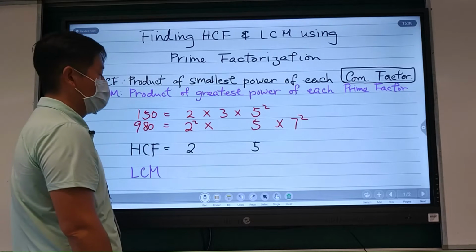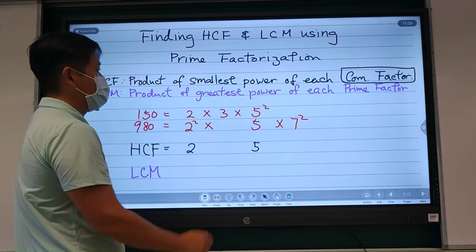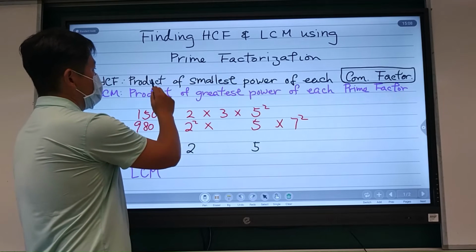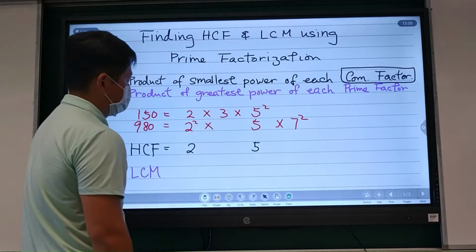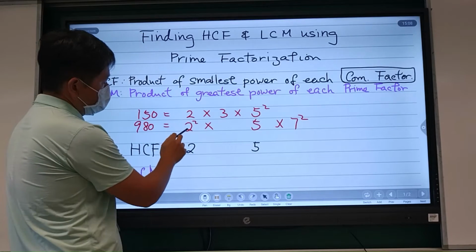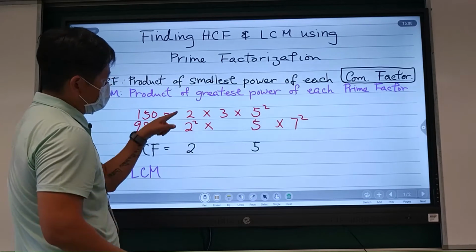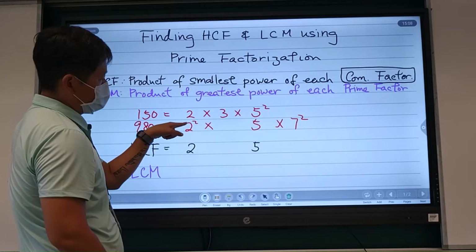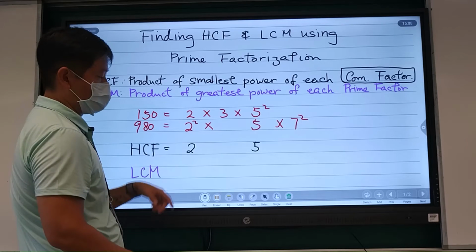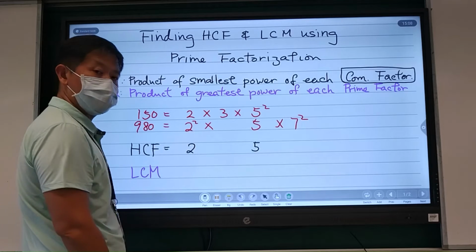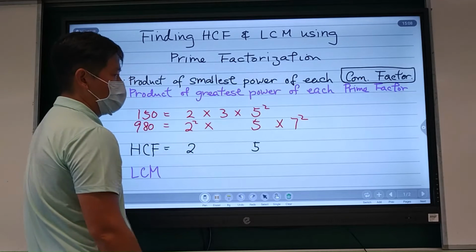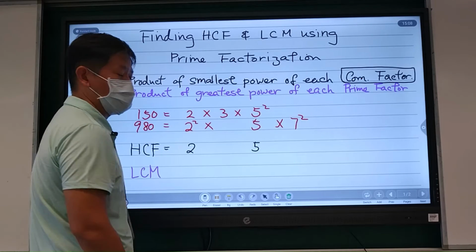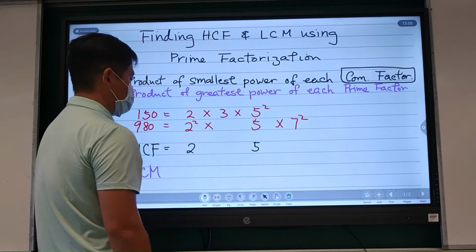Now, according to the description, I need the product of the smallest power of each common factor. So let's compare. For the 2, one has power 1 and the other has 2, so I pick the smallest power, which is 1, but I don't really need to write 1. Same thing with the 5: I pick the smaller power, which is also 1, so I don't need to write it.